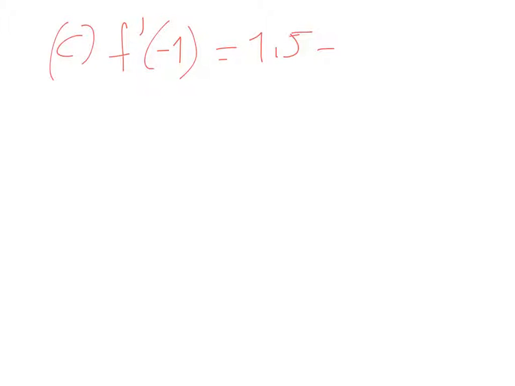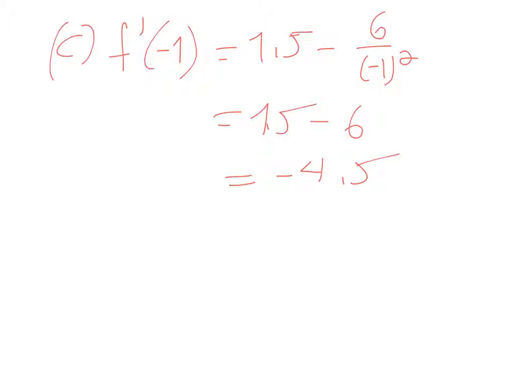Second term is 6 over x squared, so I'm just going to do 6 over negative 1 squared. Notice that I got the negative number in brackets. Very important. Okay, so that derivative is equal to 1.5 minus 6 over 1. I'm just going to say 6. And the slope is negative 4.5.